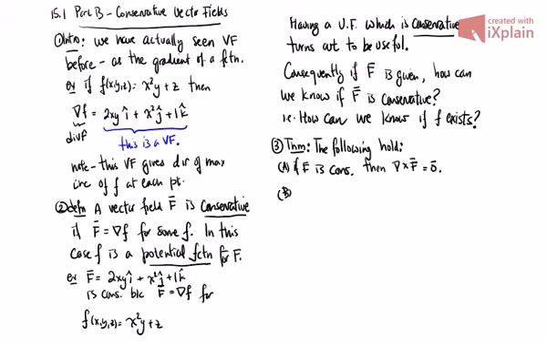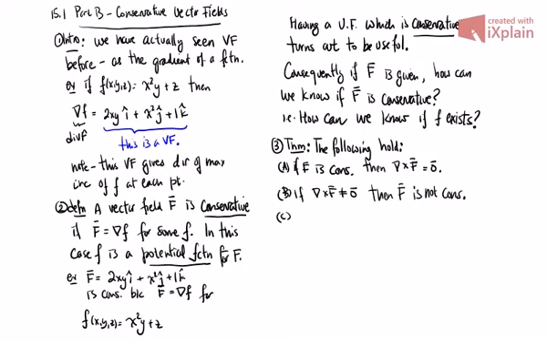As a consequence, the negation of this, if big F is conservative then the curl is 0, is that if the curl is not the 0 vector, then big F is not conservative. Now, it would be really nice to have something that says, if the curl is 0, then it is conservative.